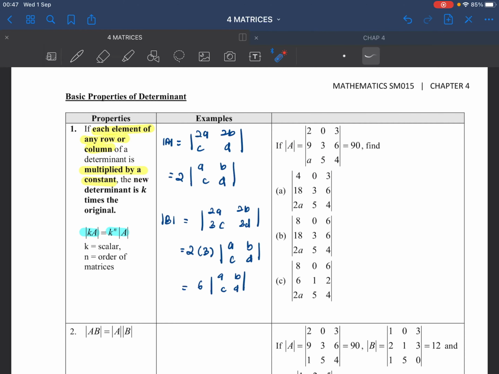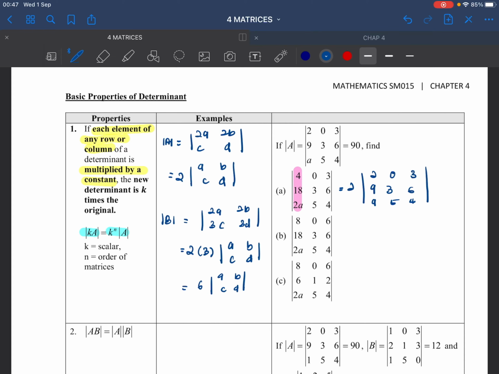So now apa yang kamu tengok bezanya dekat first column kita. Tengok dekat first column kita, 4, 18, 2A, so here is 2, 9, A. So we can factorize 2 from here. So we factorize 2 and kita akan dapat 2, 9, A. Yang lain semua sama lah, 0, 3, 3, 6, 5, 4.